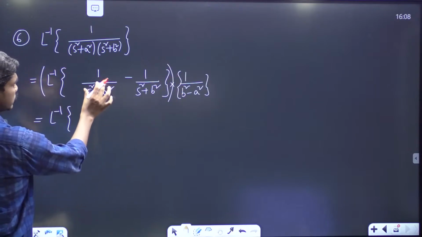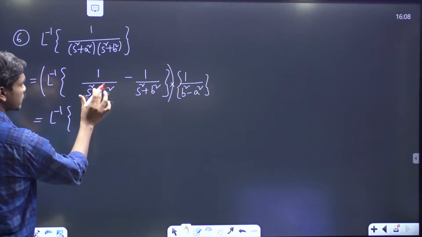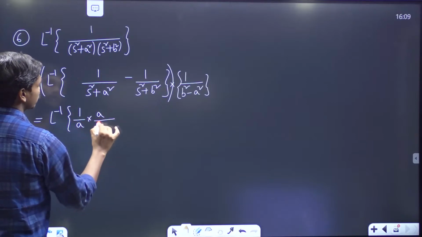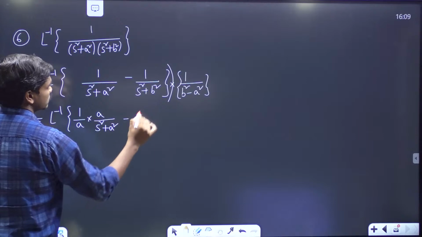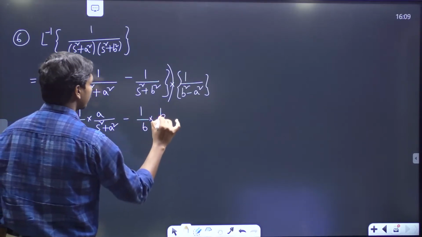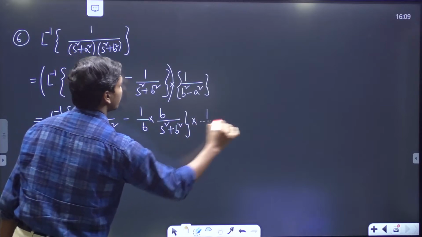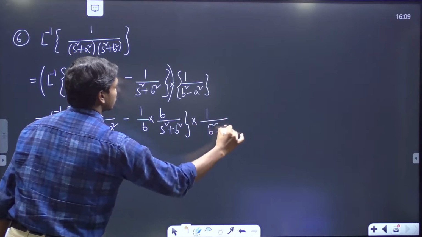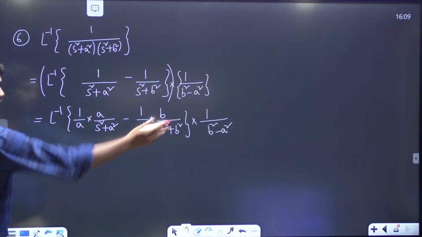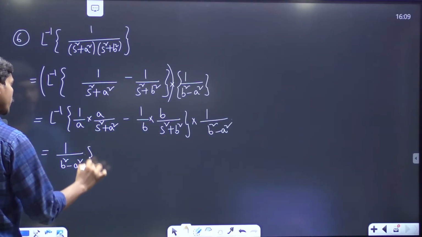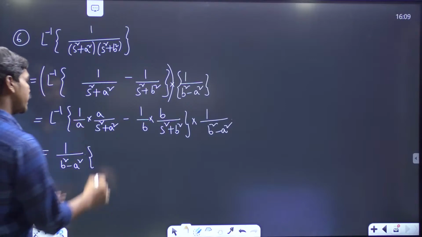And if you see, the Laplace inverse of 1 by s square plus a square can be written as 1 by a into a by s square plus a square, minus 1 by b into b by s square plus b square, into 1 by b square minus a square. If you write it in the front, 1 by a is a constant.